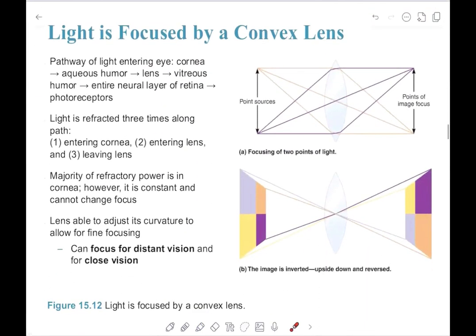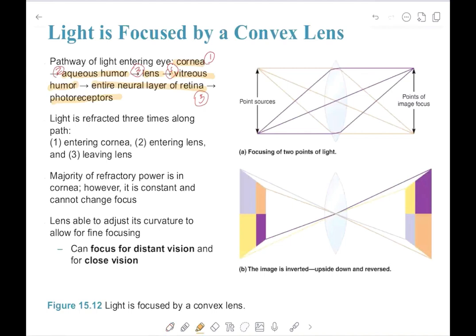So when we talk about the refraction that actually occurs, let's first look at the pathway of light, which I mentioned earlier. As light enters the eye, it first goes through the cornea, the aqueous humor, lens, vitreous humor, and then the entire neural layer of the retina, which contains the photoreceptors. You should know this pathway: cornea, aqueous humor, lens, vitreous humor, and then finally the retina.